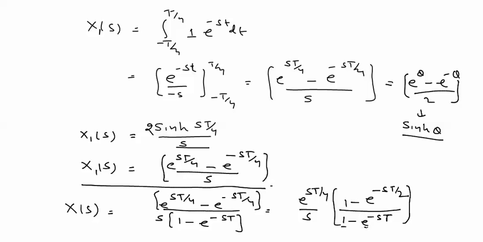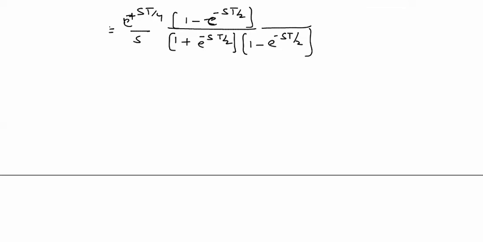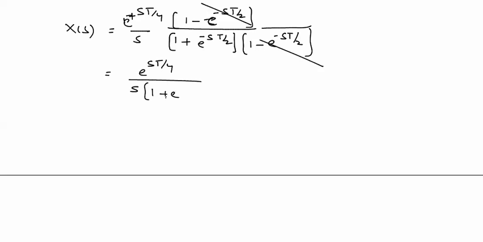This term can be segregated in two parts and we cancel out one term. We segregate this term in two parts and the final result that comes to us is 4 upon s, 1 minus 1 plus. We can get a periodic pattern's Laplace transform with this idea.